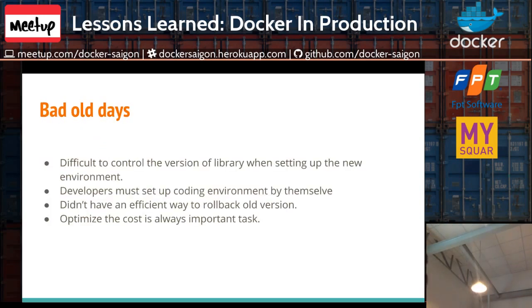I want to tell you why we wanted to apply Docker. Going back to the old days, the DevOps team wanted to manage the versions of libraries because our services use a lot of technologies like Python, Ruby, and many other services.